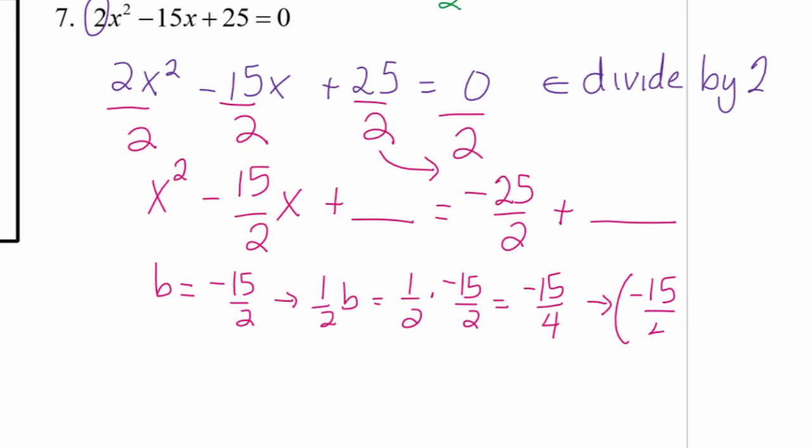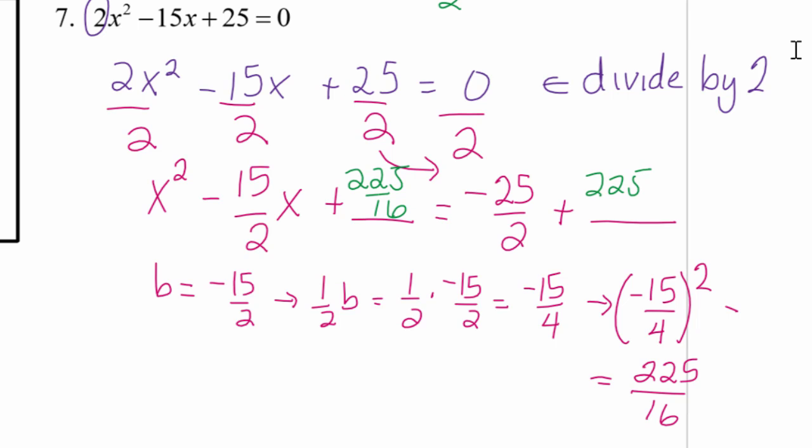Negative 15 fourths squared equals 225 over 16. So that's what's going to get added here and here. Yep, I know it's looking bad. Okay, but we can do this.